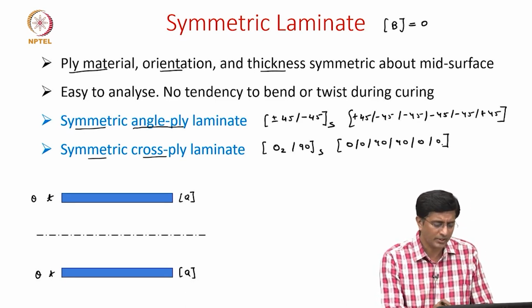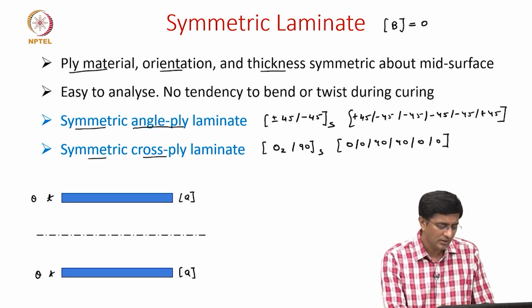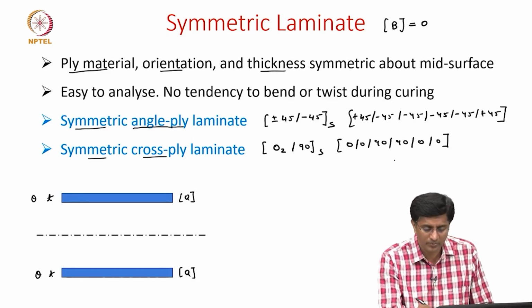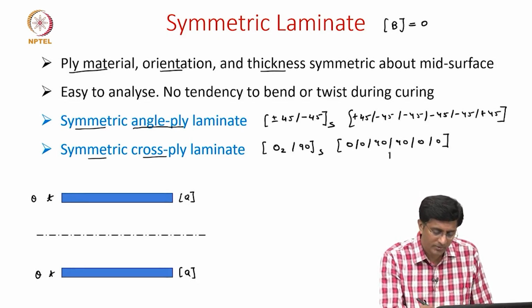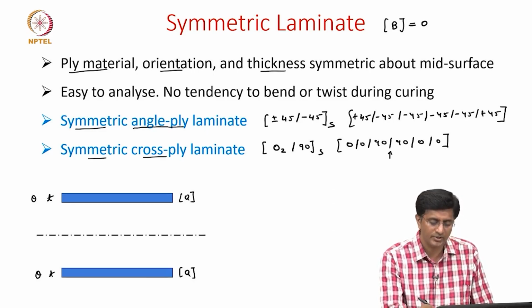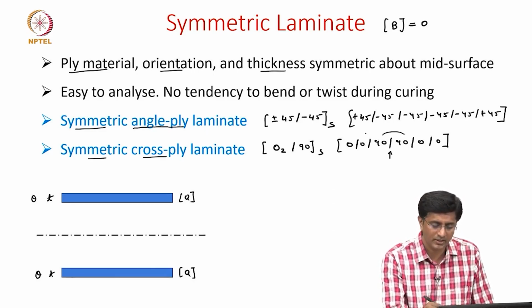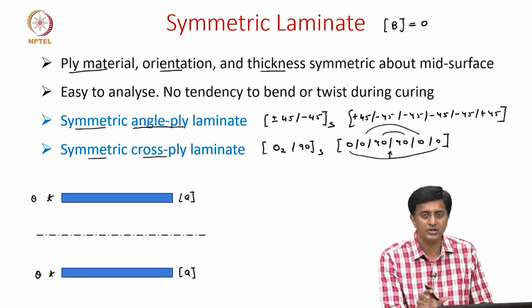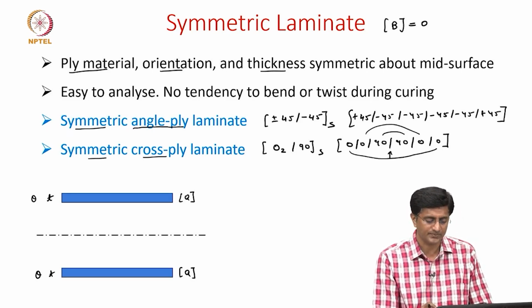The point we are trying to make here is that we call this a cross-ply because all the layers are either 0 or 90, and we call it symmetric because about the mid plane, here is the mid surface, it is symmetric, meaning this 90 and 90 and this 0 and 0 and this 0 and 0 are all symmetric about the mid surface.